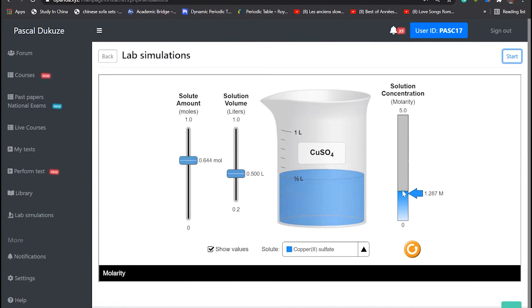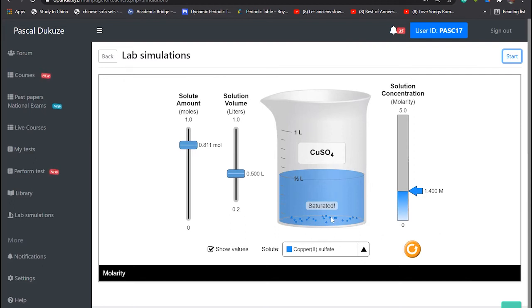Look here. Up to this point, we have a point of saturation of our solute. When I increase the amount of solute, look what happens. Now I start to get some solid particles deposited at the bottom.